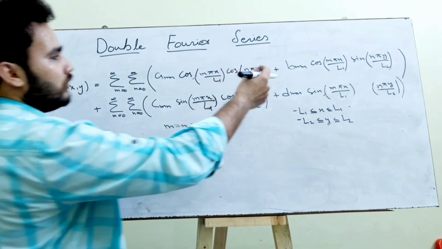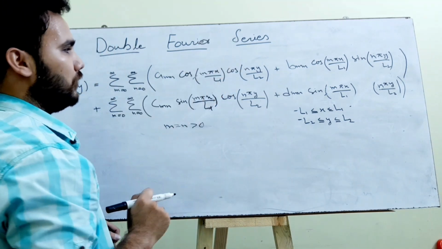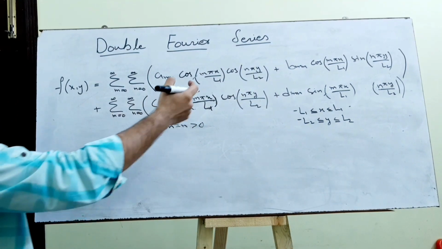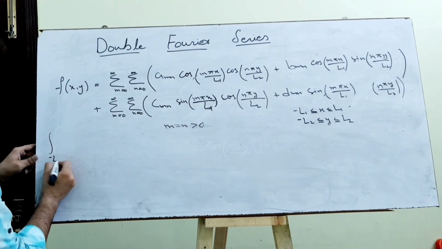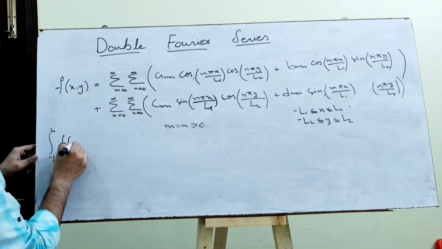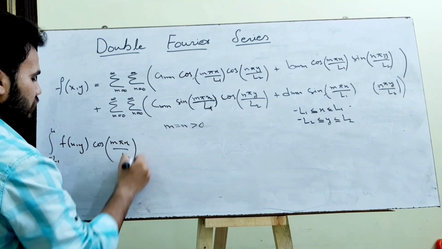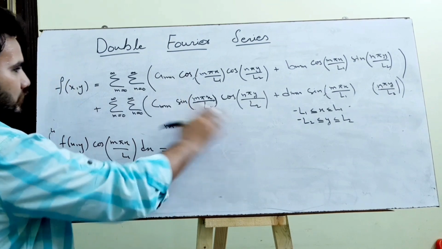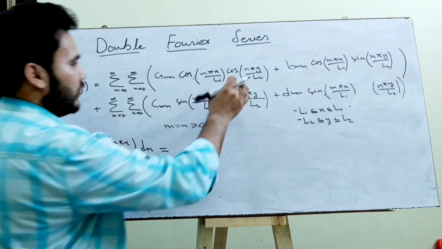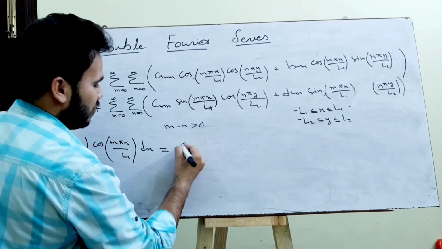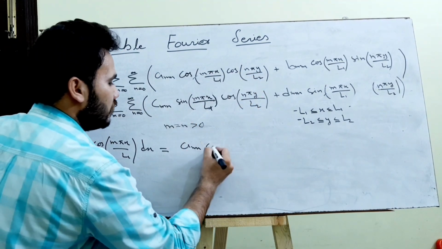Now we have found all the coefficients related to A, and we are moving towards B. First let us find b_mn where m and n are greater than 0. First I am integrating after multiplying with cosine m pi x over L1 on both sides, from negative L1 to positive L1. Without writing out the multiplication and integrals, I am directly showing the result. a_mn is constant, so it is outside, and cosine n pi y is constant with respect to x.